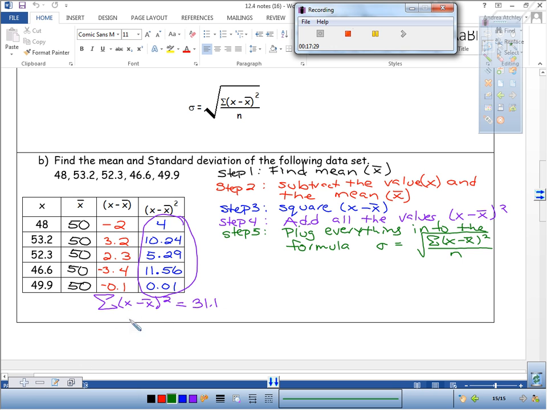What's nice is we already have that top number. After we fill in this chart, that top number is right here. So we have this equals the square root.